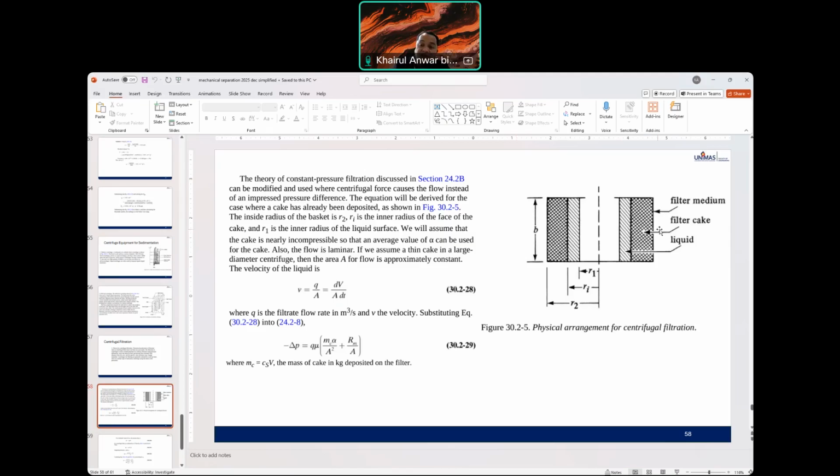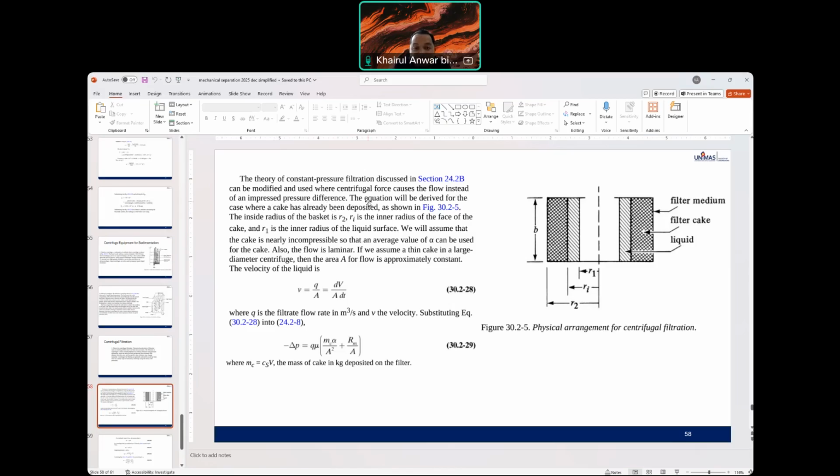So to allow the water to pass through, there must be a pressure difference between here and here, and the clean water permeates. This is what they indicate by increased pressure difference.